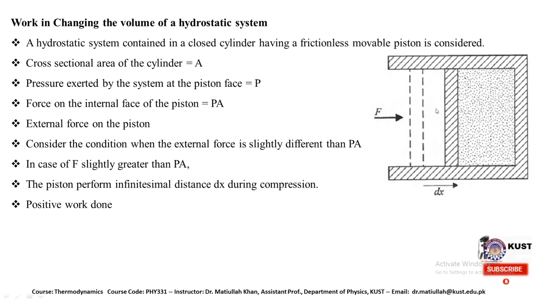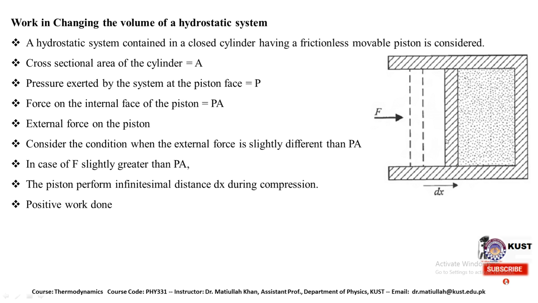If any force increases, the body will move in the other direction. Here we consider the condition when the external force is slightly different from the internal pressure force. The force F is slightly greater than PA, so the piston will move in this direction.